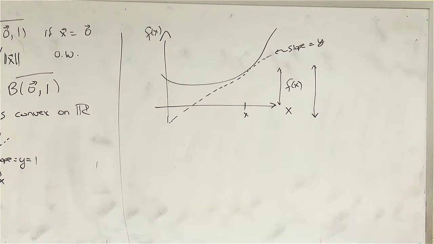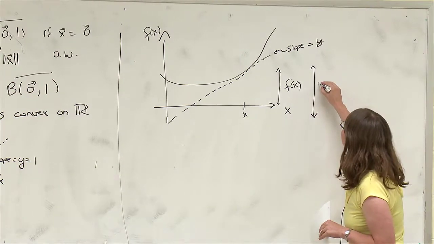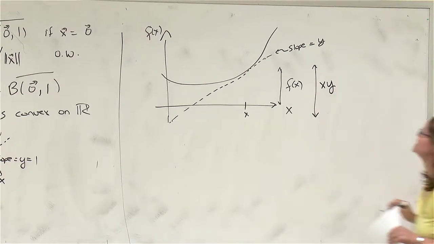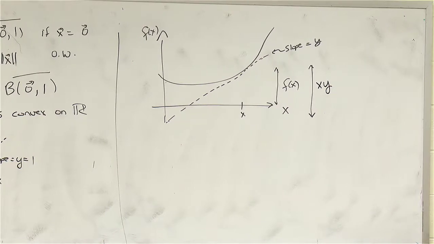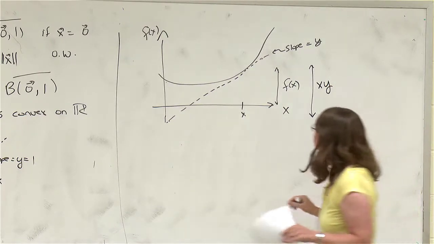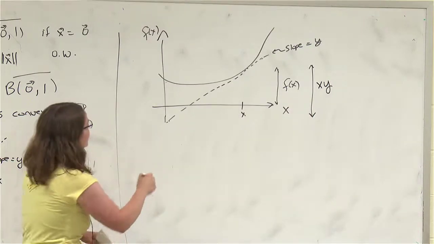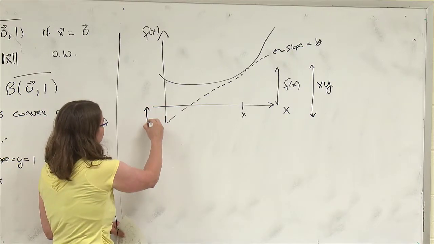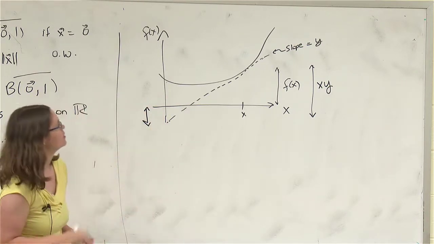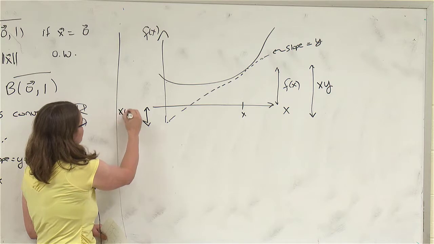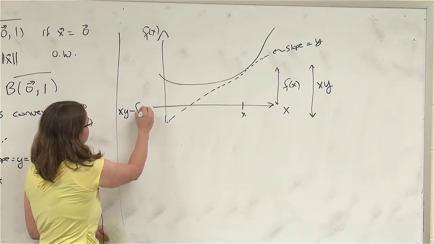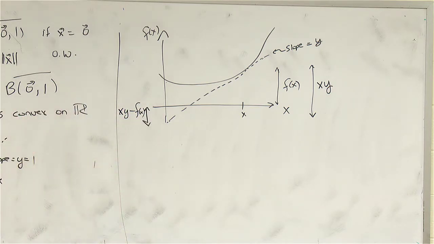We made it there. All right, so this height is equal to y times x. Slope times distance. There's nothing fancy or tricky about that. And then when I know those two heights, I can also get this height here. It's just xy minus f of x. Okay, that's the y-intercept of this tangent line.